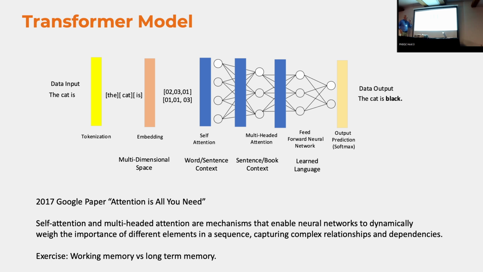Then it's what they call embedded. They put it through a series of what they call multidimensional spaces. It's just a series of vectors, and it's beginning to orient itself as to where this word should be placed. Then we go into what's called self-attention.